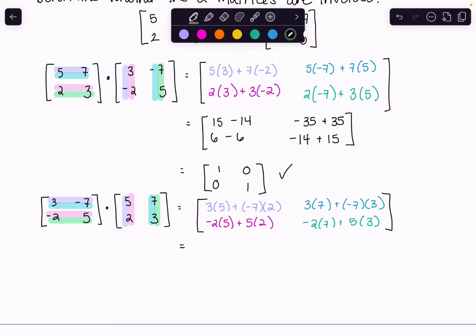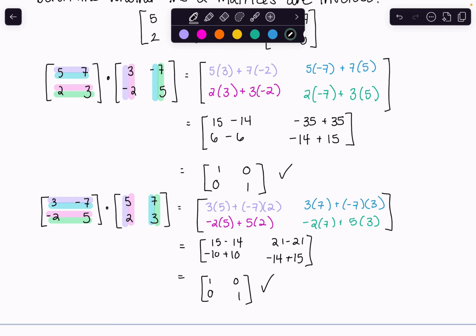So doing that multiplication, that is 15 minus 14, which is definitely 1. Then we've got 21 minus 21, which is definitely 0. Then negative 10 plus 10 gives us 0. Negative 14 plus 15 gives us 1.